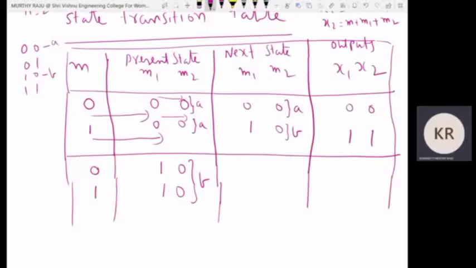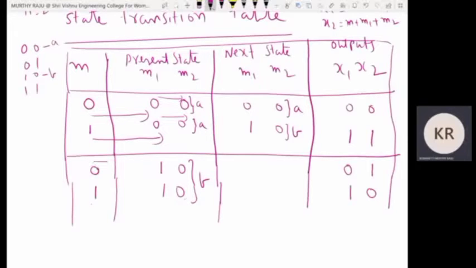That means 0 exclusive OR with 0 is 0. X2 is equal to M exclusive OR with M1 exclusive OR with M2. That means 0 exclusive OR with 1 is 1. 1 exclusive OR with 0 is 1. Similarly, M is 1, M2 is 0. Therefore, 1 exclusive OR with 0 is 1. And for x2, M exclusive OR with M1 exclusive OR with M2: 1 exclusive OR with 1 is 0. 0 exclusive OR with 0 is 0.